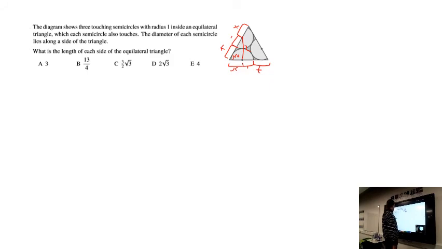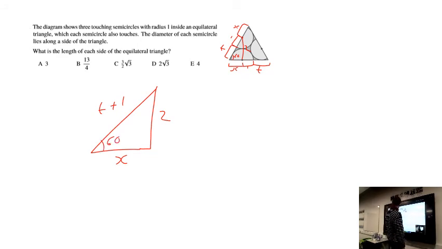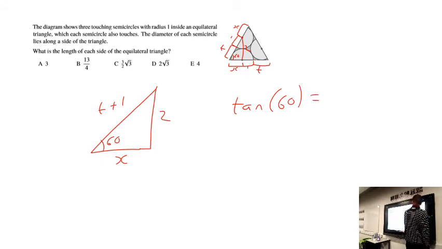Okay, so I'm going to create a nice little triangle. This is 2, this is x, and this is t plus 1. And this is 60. Okay, using our knowledge of trigonometry, we've got tan 60 is equal to opposite over adjacent, 2 over x.